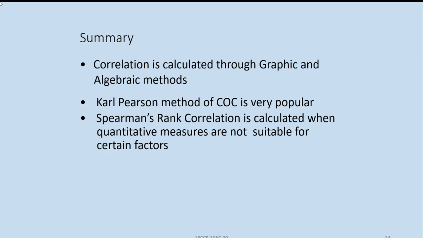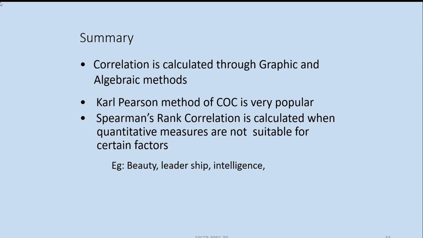Now we will conclude the topic. Correlation is calculated through graphic and algebraic methods. We have seen correlation is calculated by graphics, using graph paper, and also by using arithmetic formulas. Karl Pearson's method of coefficient of correlation is very popular.